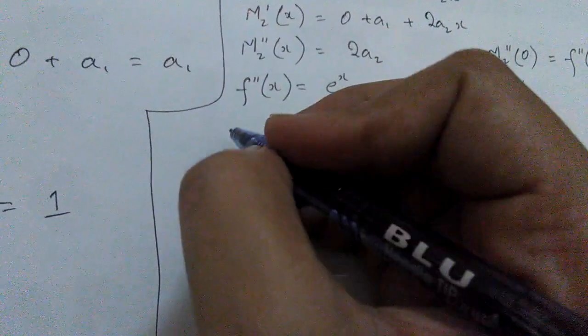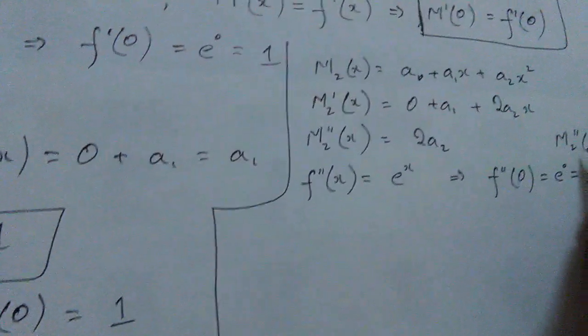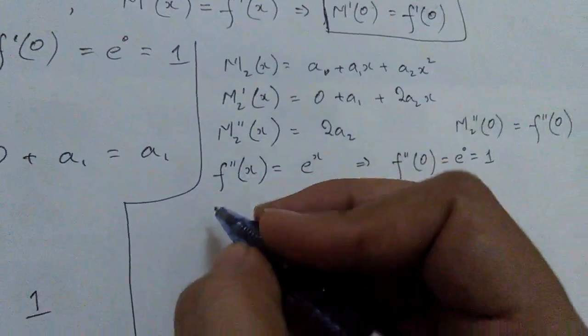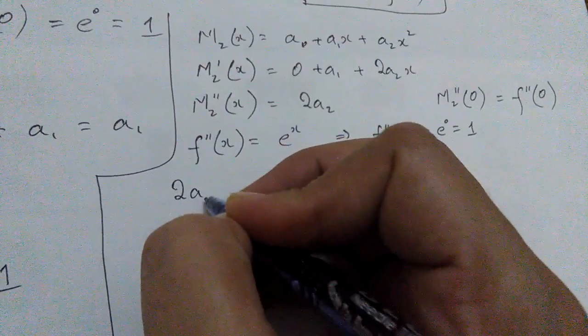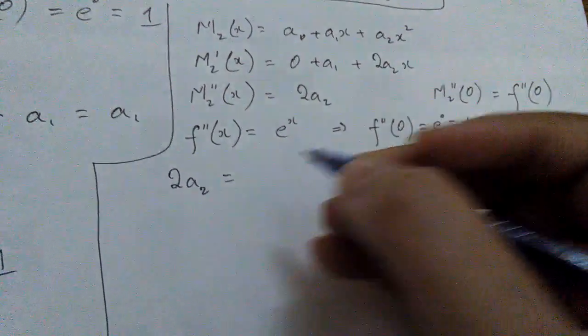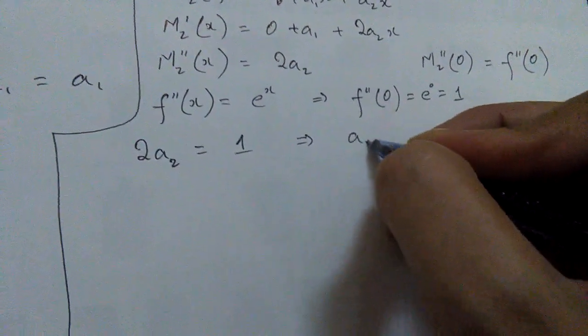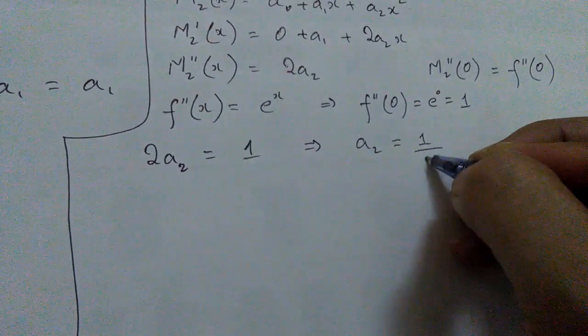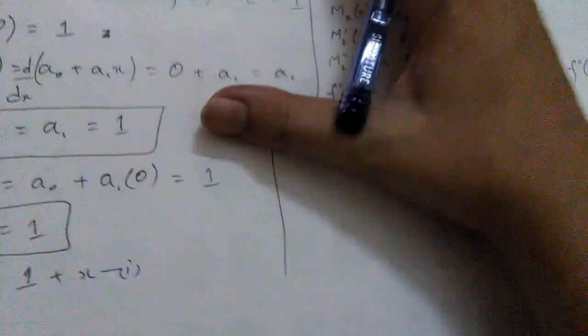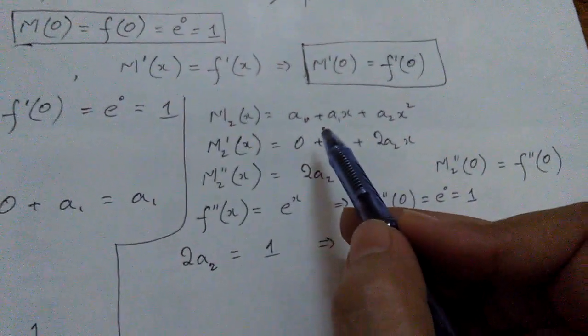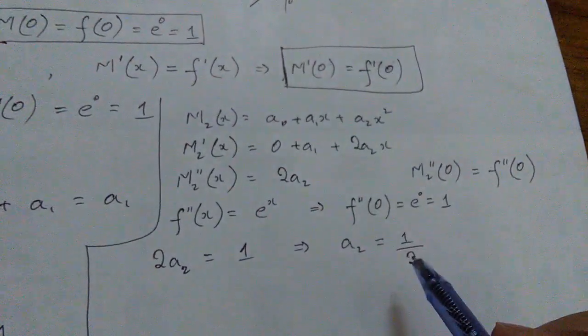So now f double dash x is 2a2 and is equal to 1. So this explains that my a2 is equal to 1 upon 2. So this tells that my a0 is 1, my a1 is 1, my a2 is half.